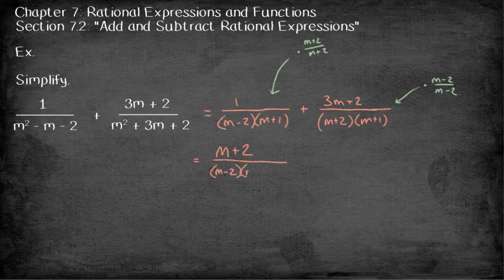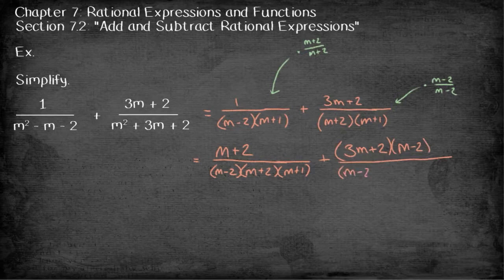M minus 2, m plus 2, m plus 1. Then for the second fraction, I have 3m plus 2 times m minus 2 over m minus 2 times m plus 2 times m plus 1. Great, so I think I have to actually FOIL now, huh?